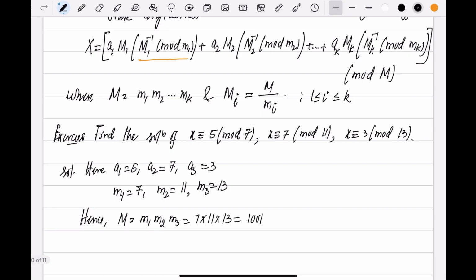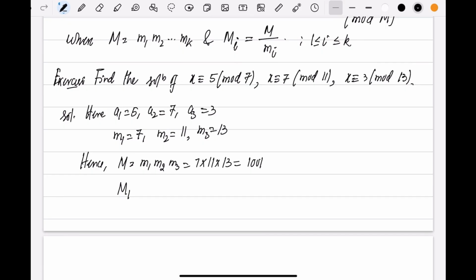Multiplying these we get 1001. Now capital M1 is equal to 1001 divided by m1, that is 7, so it is 7 into 11 into 13 divided by 7. So this is equal to 11 into 13, which is equal to 143.